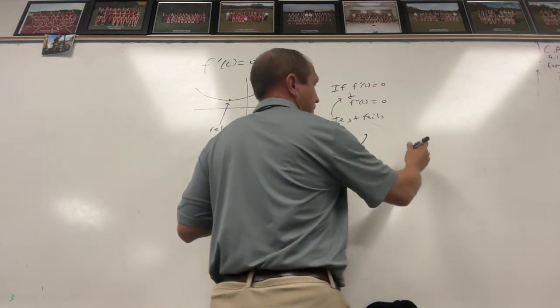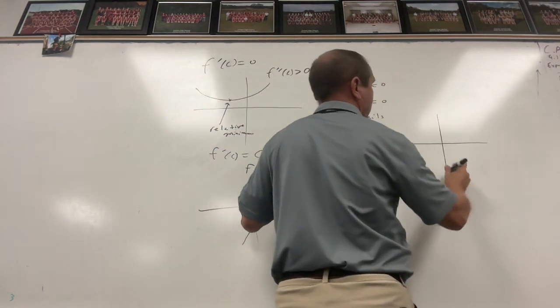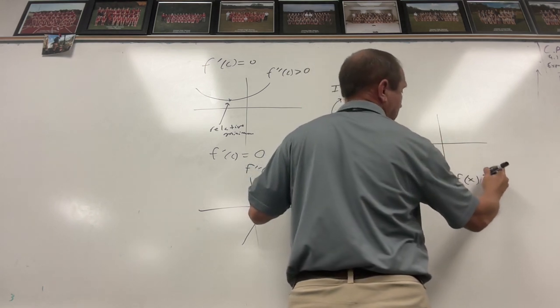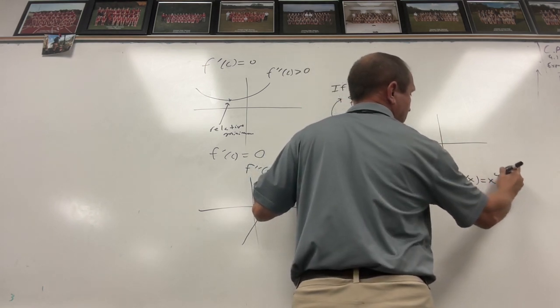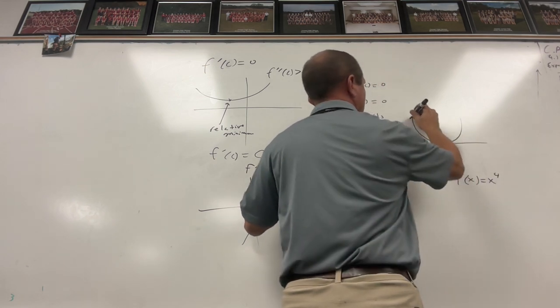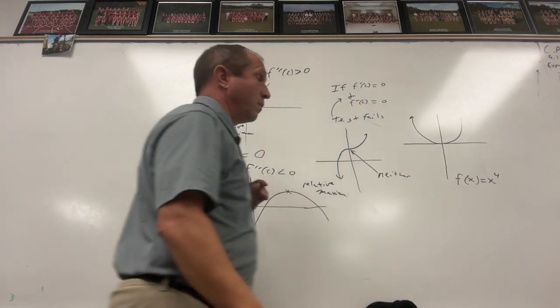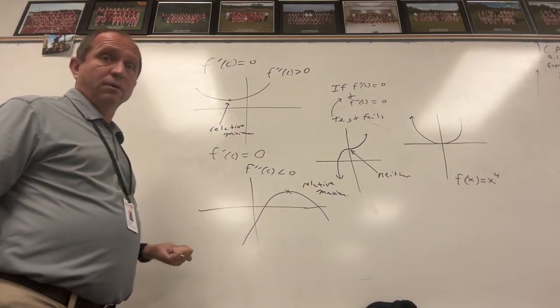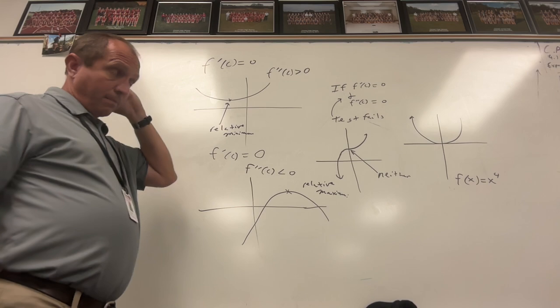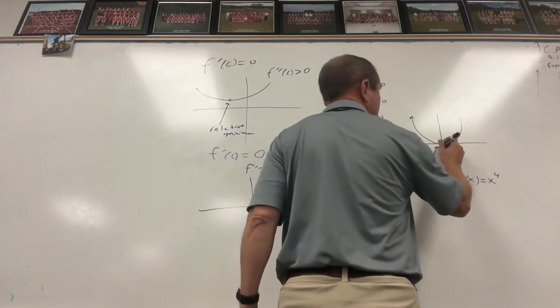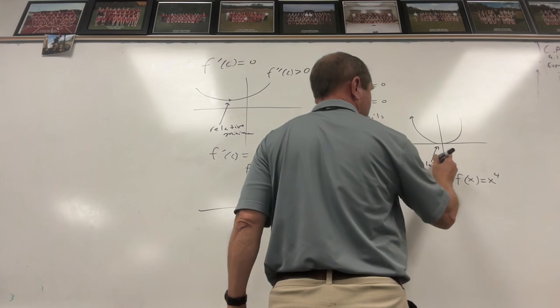You could have a scenario, and f of x equals x to the 4th does this. The second derivative at 0 is 0, and also the first derivative is 0 at 0. But this is obviously a minimum value, right? So you could have a relative minimum.